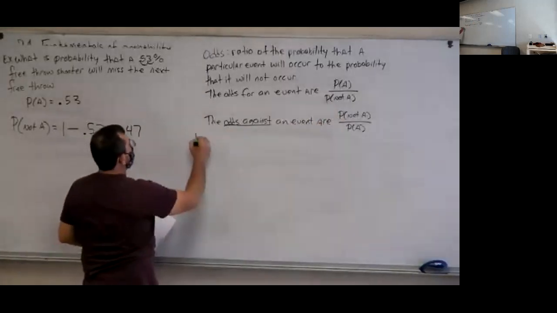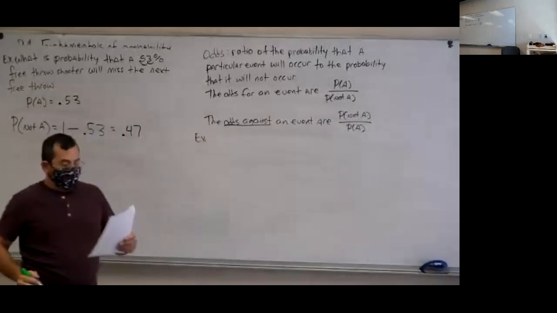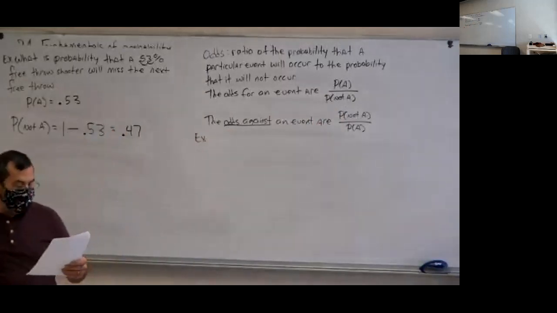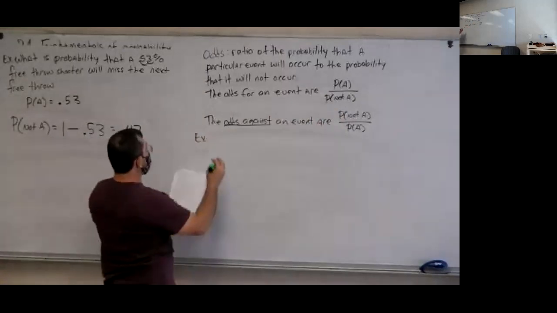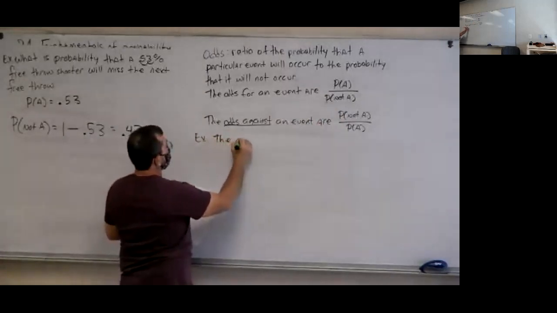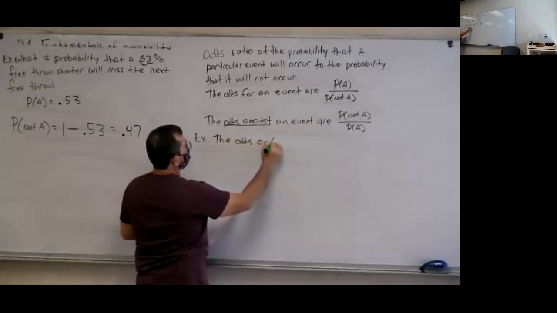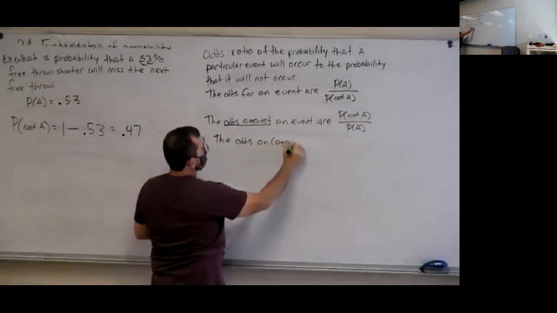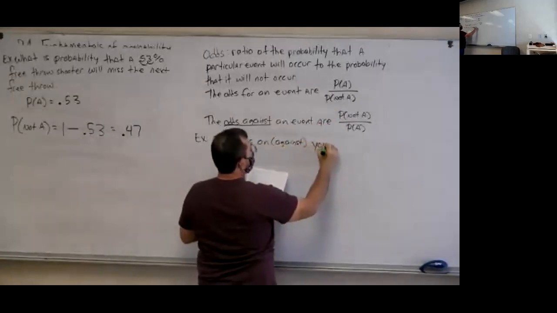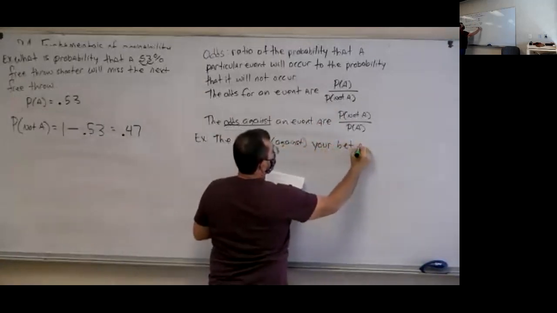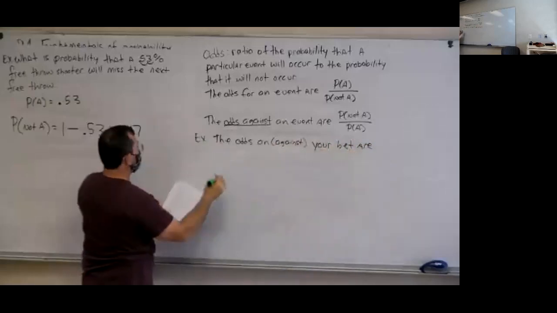So let me show you how I'll do number 11, 12, and 13. So this says the odds on, which they say against, your bet are 2 to 7.